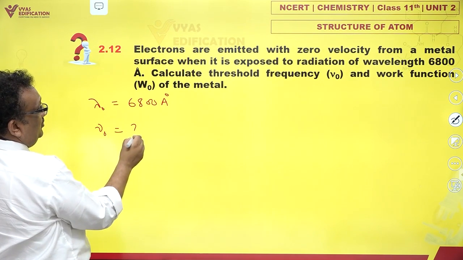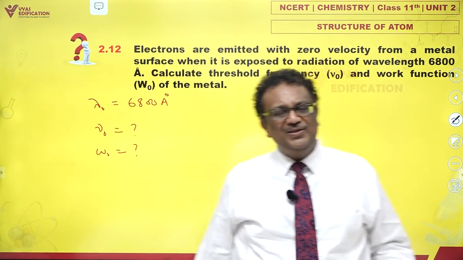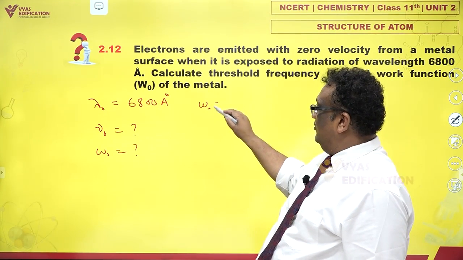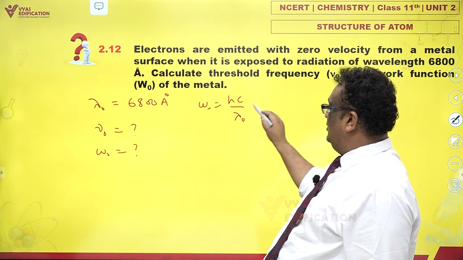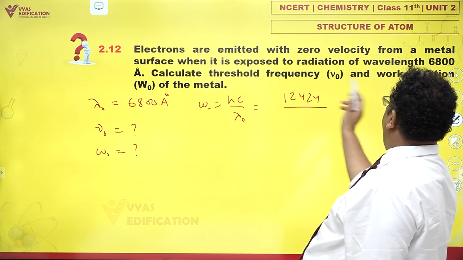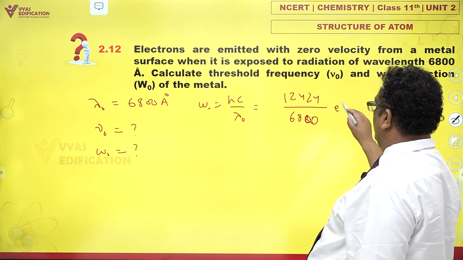Nu naught is question mark and work function is question mark. It is as simple as it gets. These are photons, right? The work function will be simply hc by lambda naught, which is 12400 electron volt angstrom upon 6800 angstrom. So many electron volts.